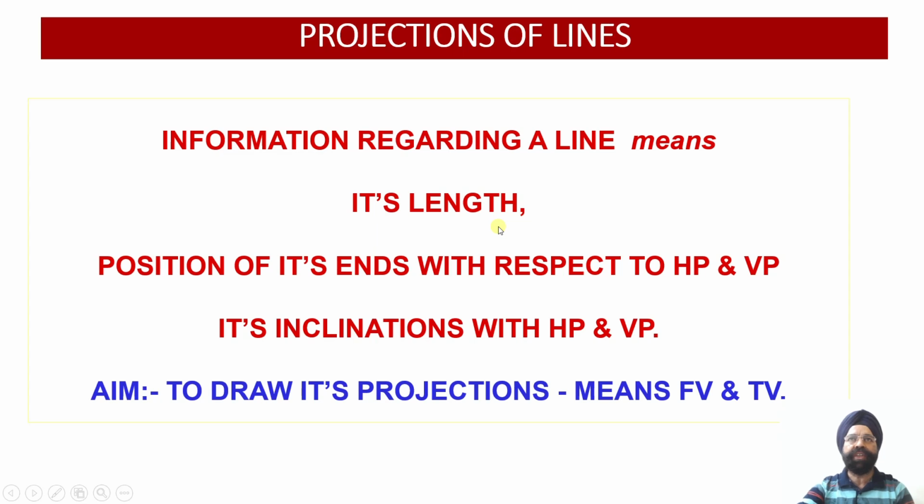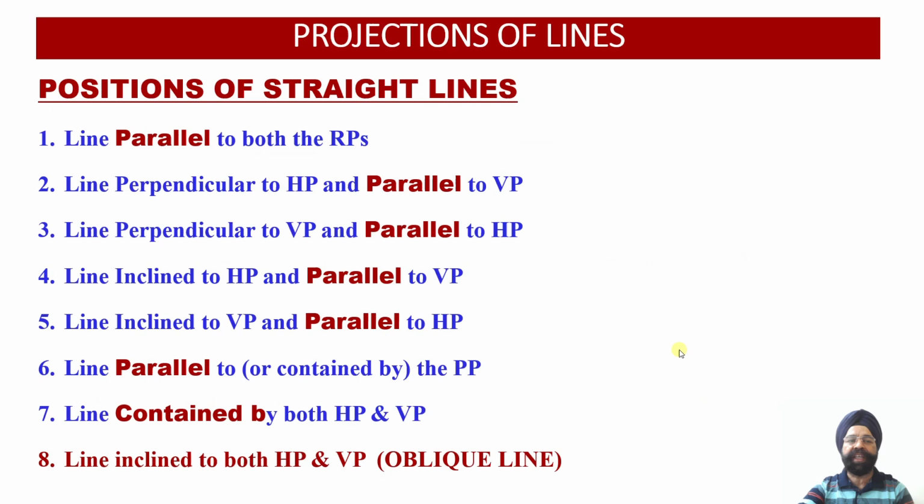We need to know the actual length of the line. Then the second is, we need to know the position of its ends with respect to the horizontal plane and the vertical plane. And besides this, another piece of information required is the inclination of the line with the reference planes, that is, the horizontal plane and the vertical plane.